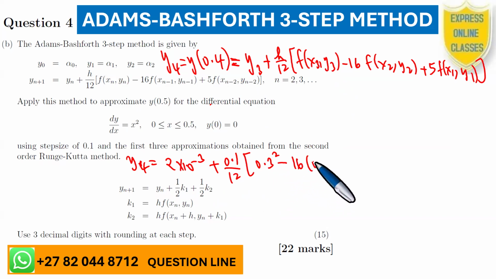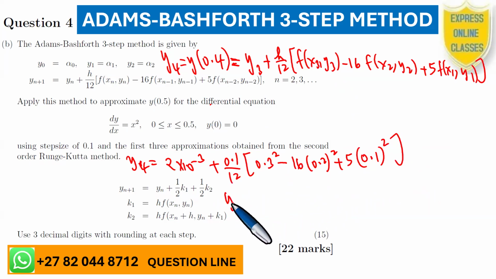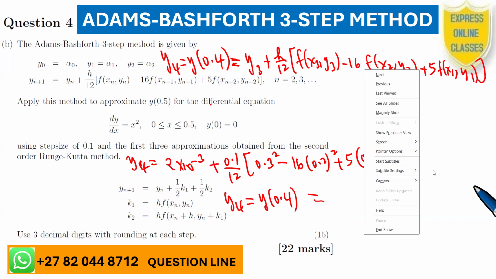Minus 16 times 0.2 squared, plus 5 times x1, which is 0.1, squared. So this is going to be y4, y at 0.4. Let's use a calculator.